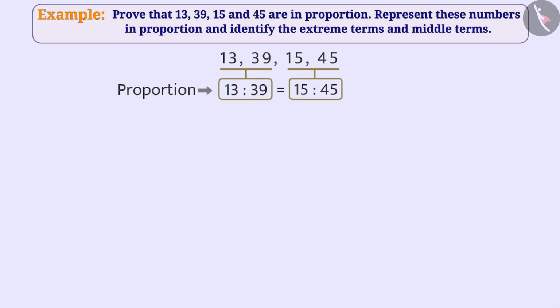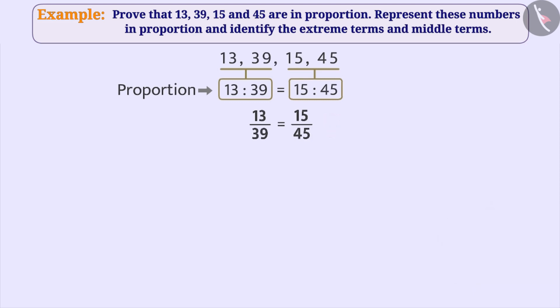We can write 13:39 as 13 by 39 and we can write 15:45 as 15 by 45. Can you tell what we need to do to find out whether two fractions are equal or not? Think for a while. Let me tell you.